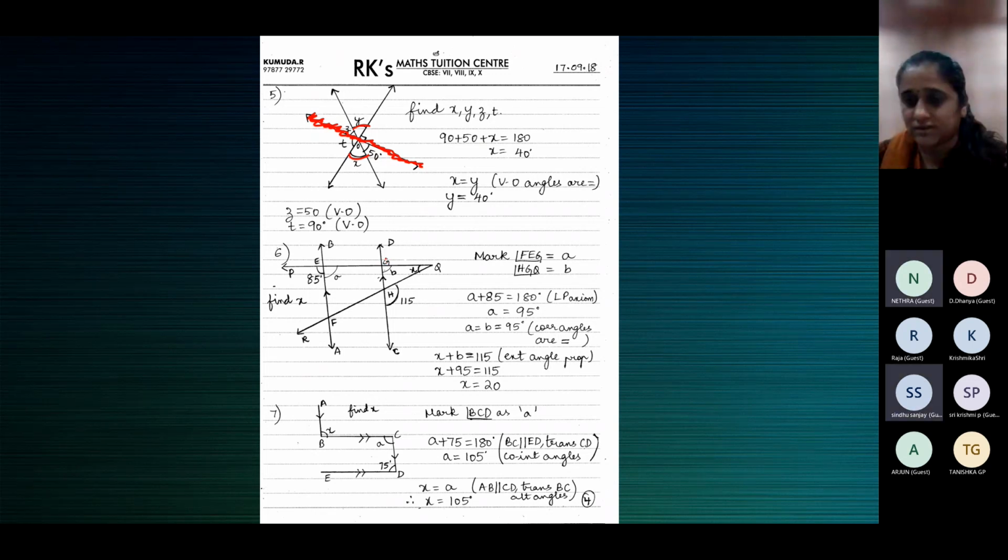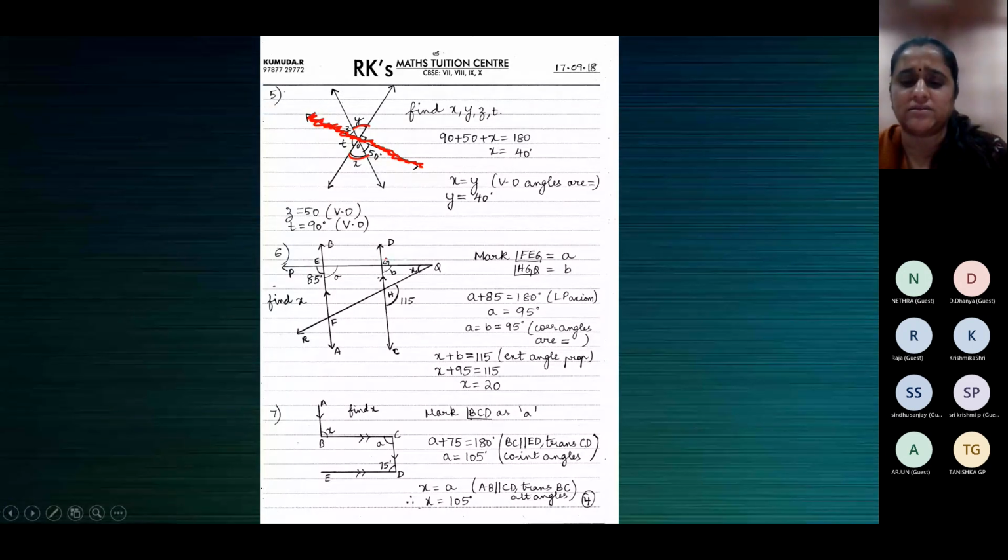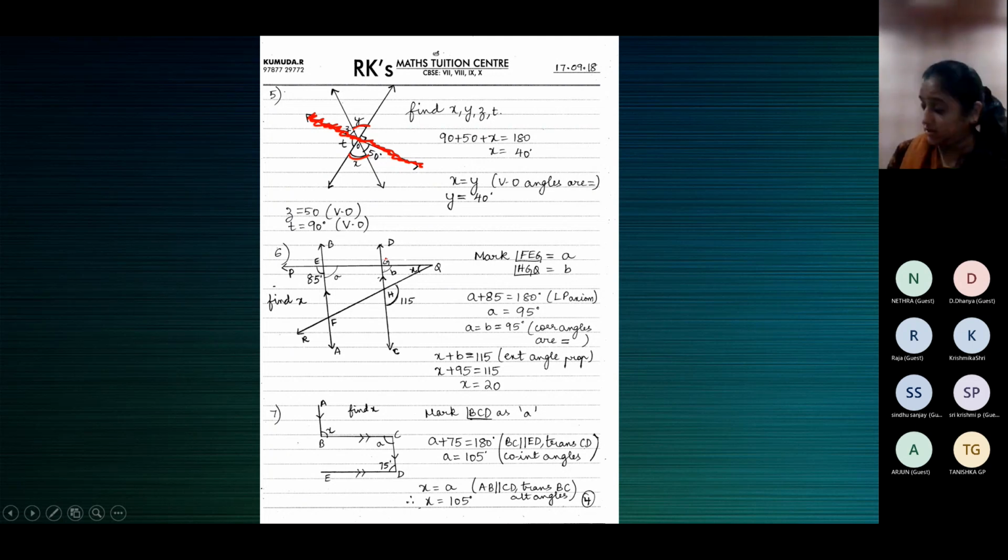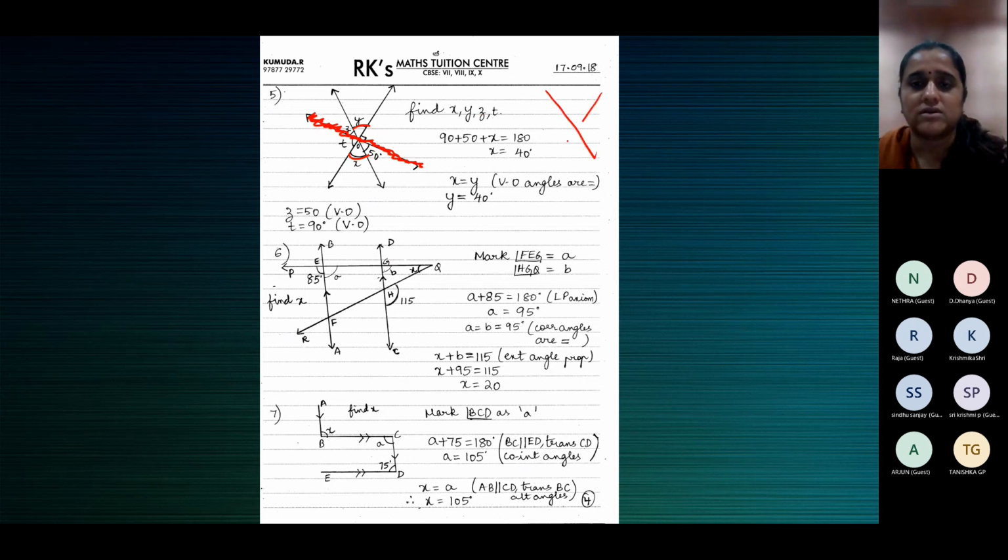To identify vertically opposite angles, look at only those two lines. If there are many lines and it's confusing you, don't consider the remaining lines. You can see x here and y here.